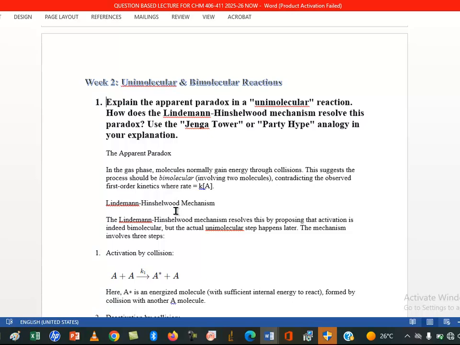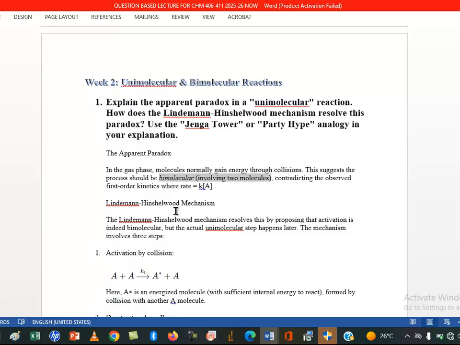So let's look at the paradox itself. The paradox is simply saying, molecules must collide for reactions to happen. But if this is true, then the process must be bimolecular, involving two molecules.